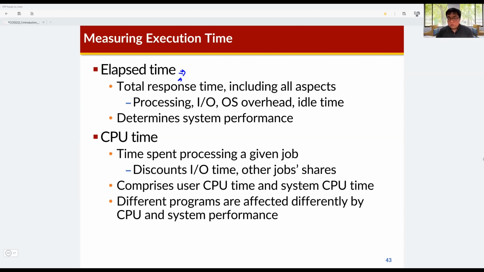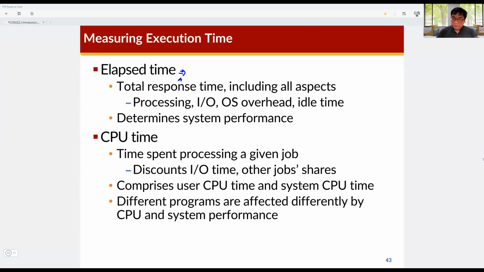If we measure the elapsed time of our application, many different factors are included in it. For example, when we push the enter key, the computer system needs to process this event. That is a kind of interrupt, so it will take time.